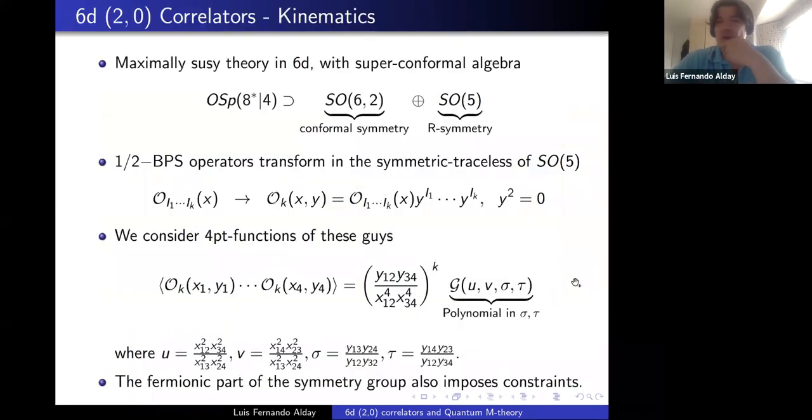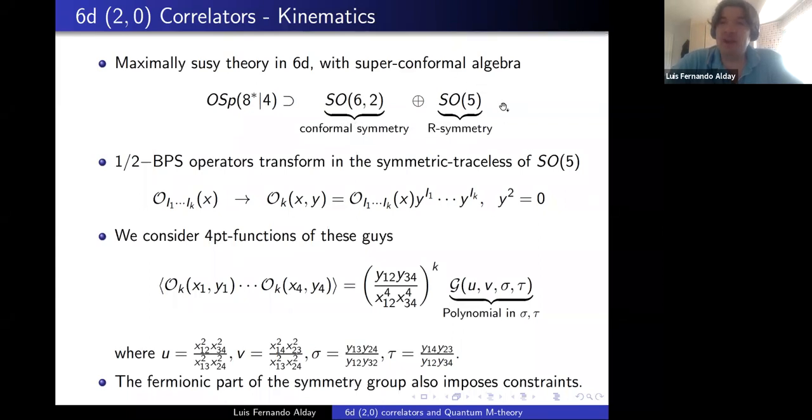Very good. Great. So let's talk for just one slide about the structure of correlators in the 6D (2,0) theory, just the kinematics. The 6D (2,0) theory is the maximally supersymmetric theory in 6 dimensions, and the superconformal algebra is denoted OSp(8*|4). The name doesn't matter too much, but the bosonic subalgebra is SO(6,2), which is the conformal symmetry in 6 dimensions.